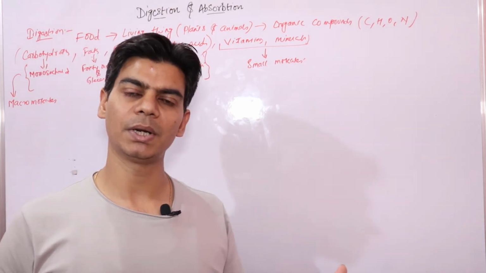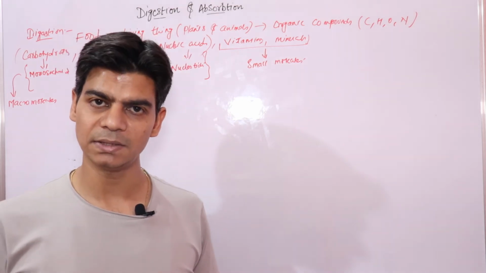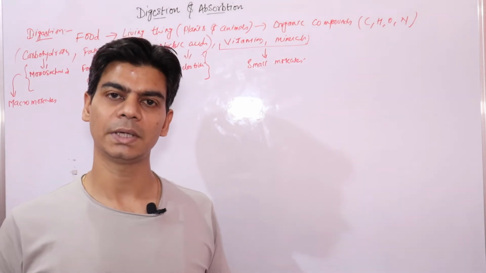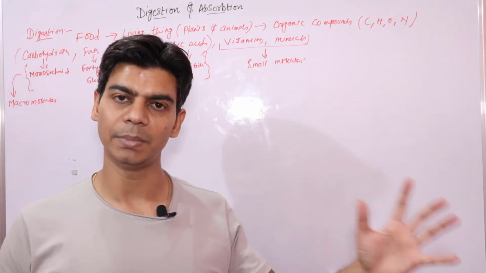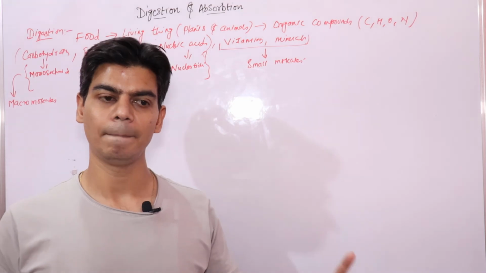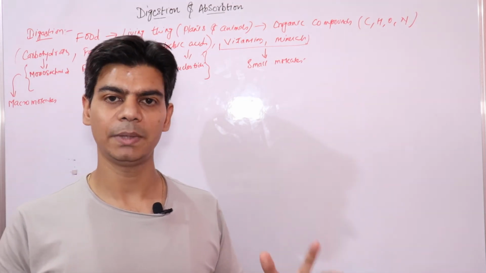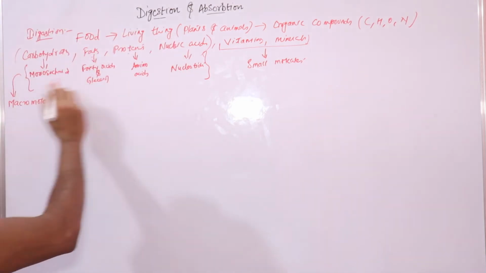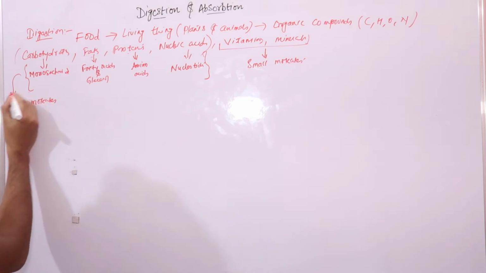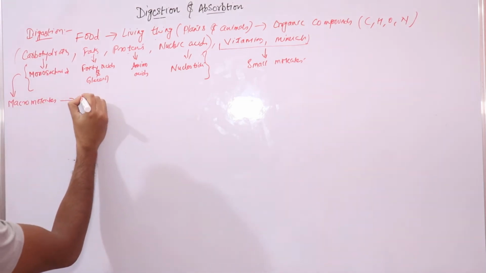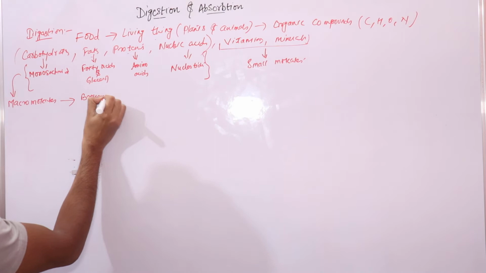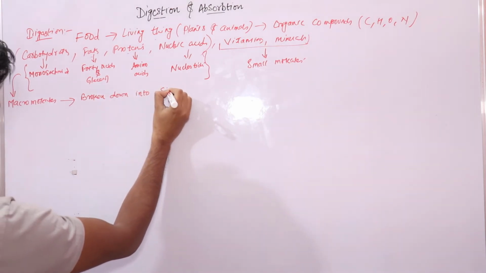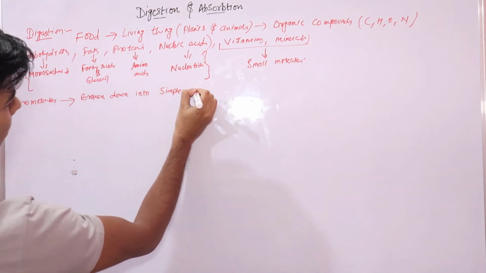Once these simpler molecules are absorbed by our cells, they will undergo oxidation, right, to produce energy, ATP, right? Because we know that energy is produced in the form of ATP, and ATP is the storehouse of energy, right? So all these macromolecules need to be broken down into simpler molecules, right?